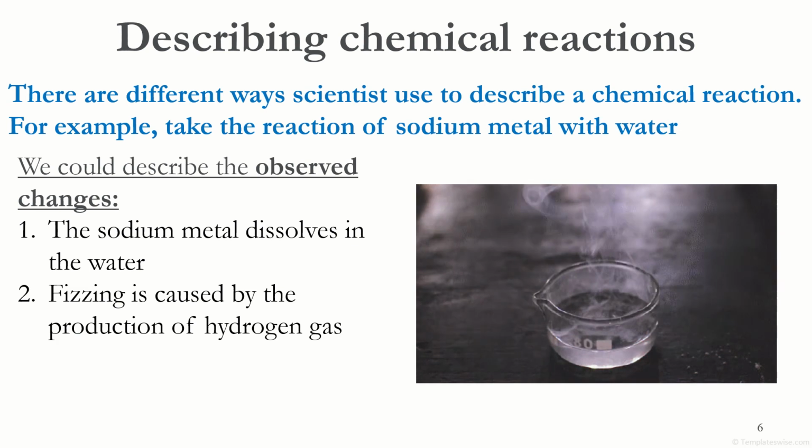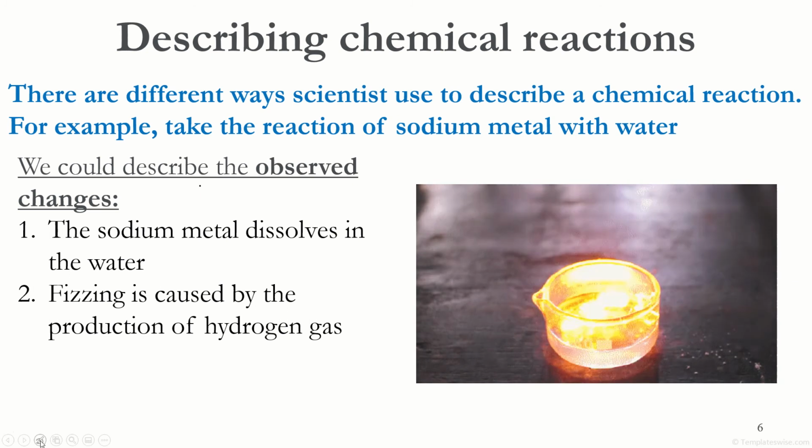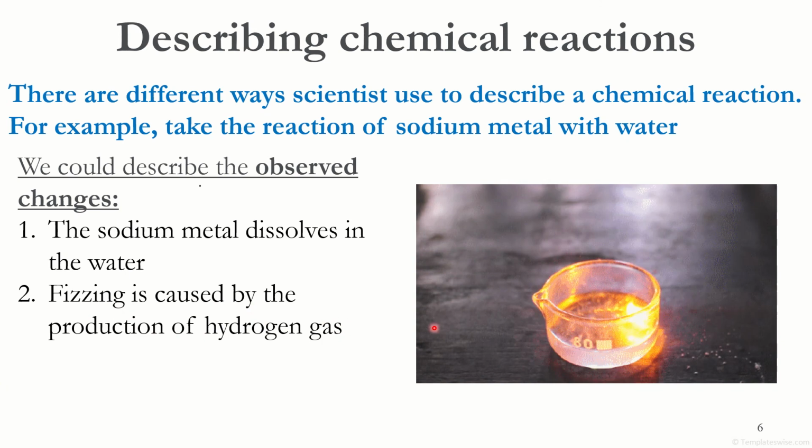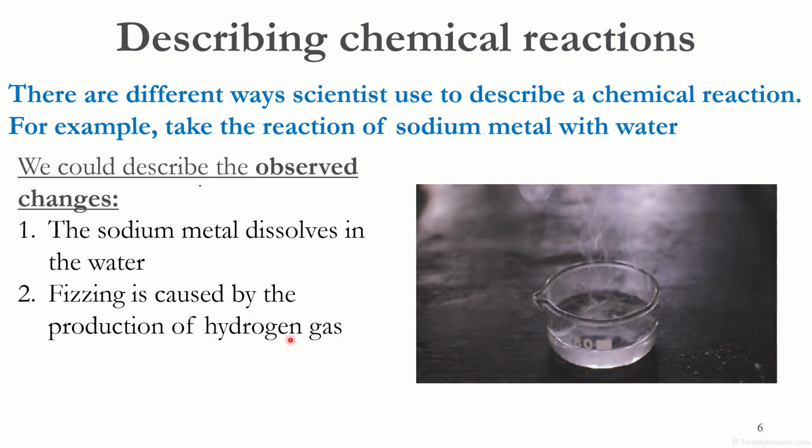We can see fizzing. So if you look at the bottom part of this beaker here, a little bit of fizzing of gas, you can even see the gas produced. Now, if there's fizzing, that would suggest the production of gas, in this case hydrogen. So if you see production of gas, that is an indicator of a chemical reaction.